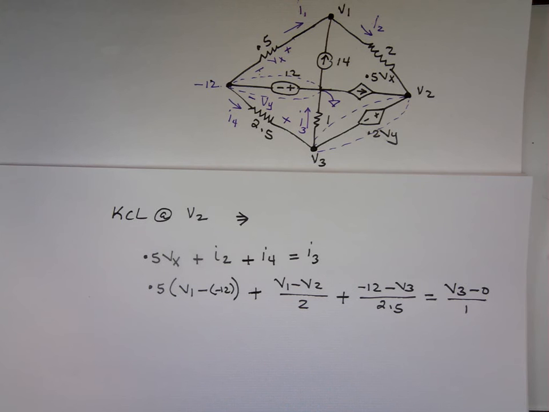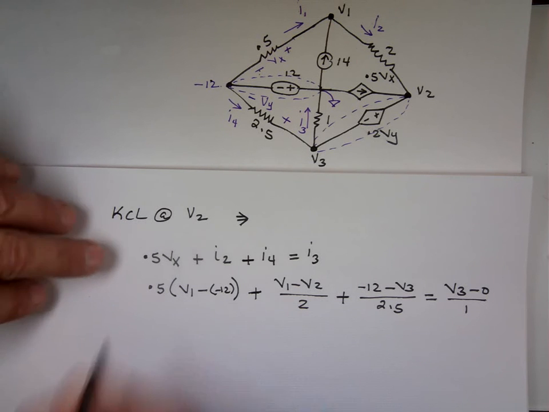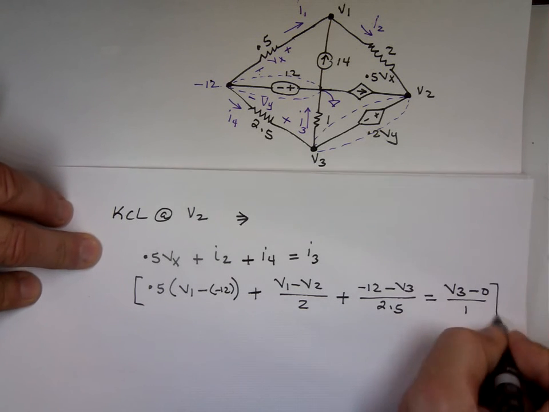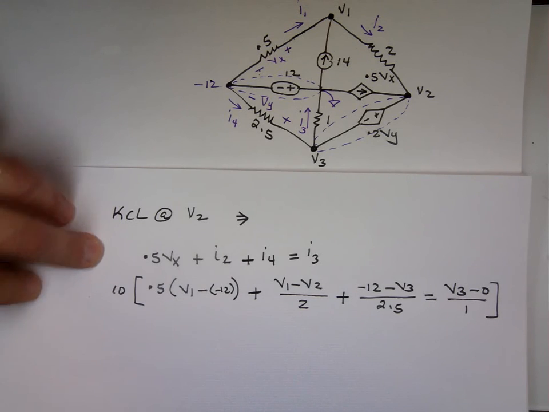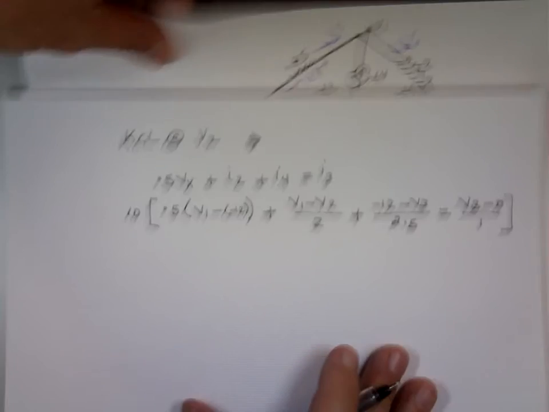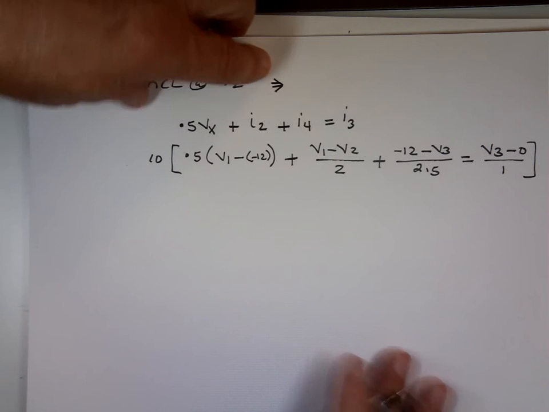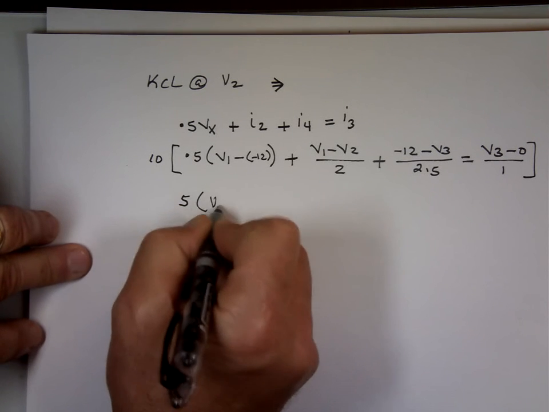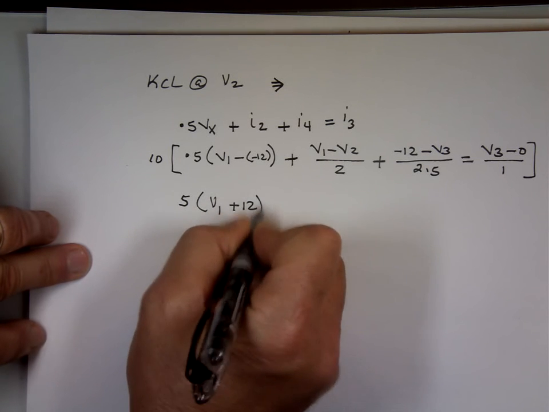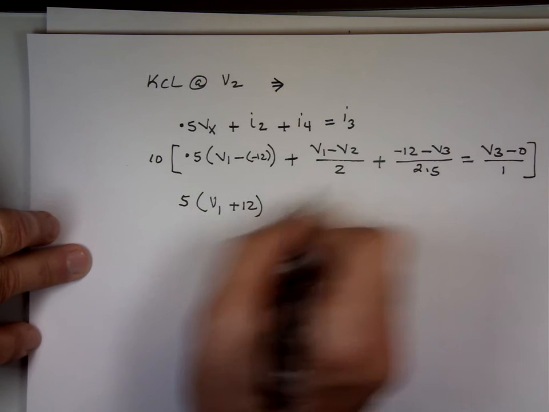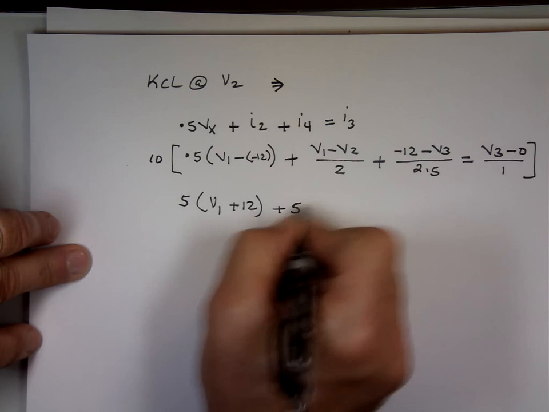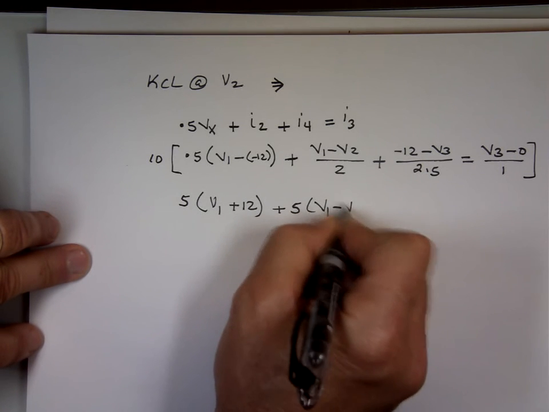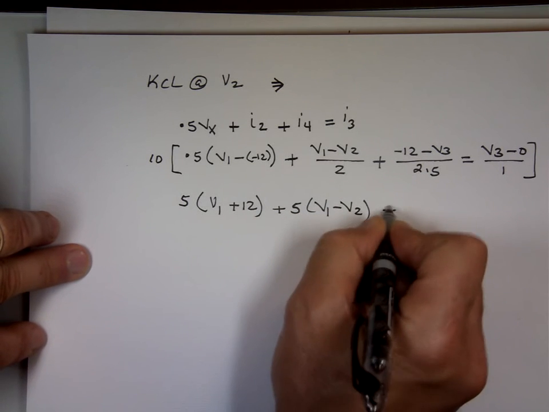LCD probably 10 here. If you multiply by 10, you get rid of all the fractions. What's 10 times 0.5? That's 5. V1 plus 12. I'll come back and finish it. 10 divided by 2 is 5. V1 minus V2. This is 4.